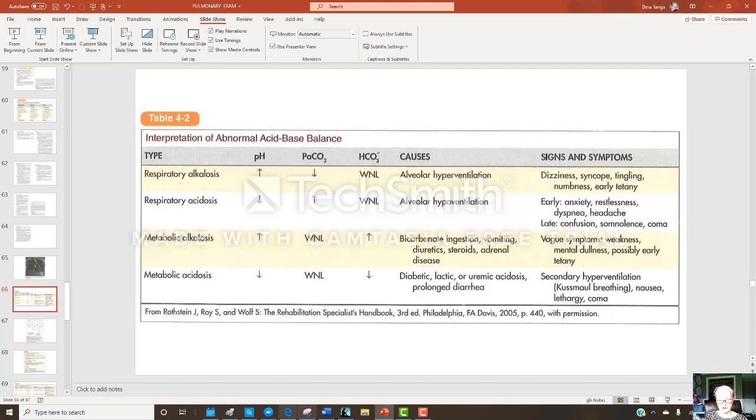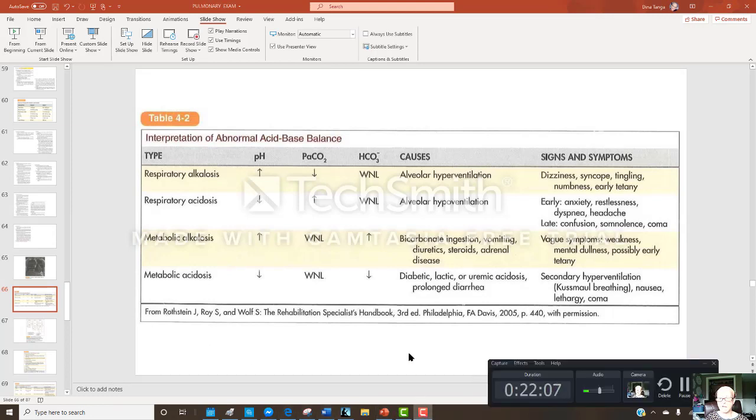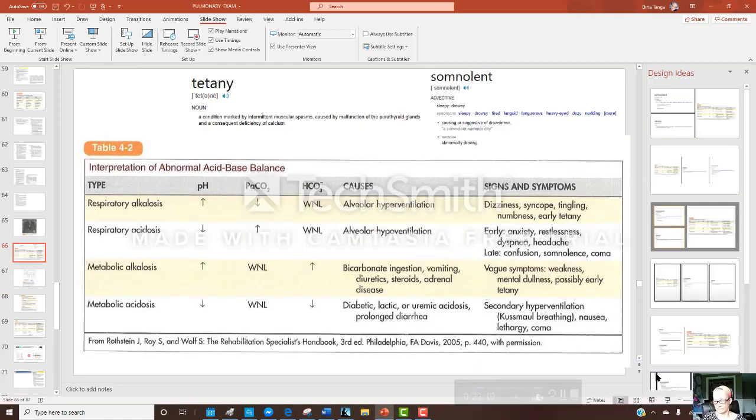So let's go and look some vocabulary words up. Okay, so tetany is a condition marked by intermittent muscular spasms caused by malfunction of the parathyroid glands and a consequent deficiency of calcium.